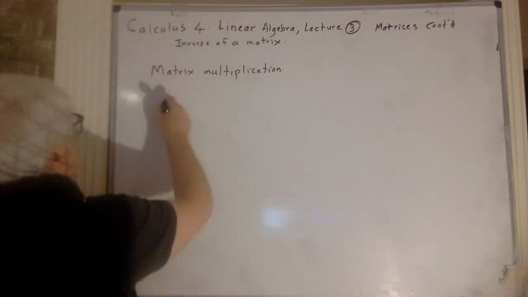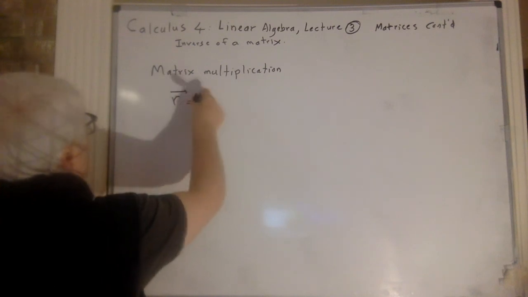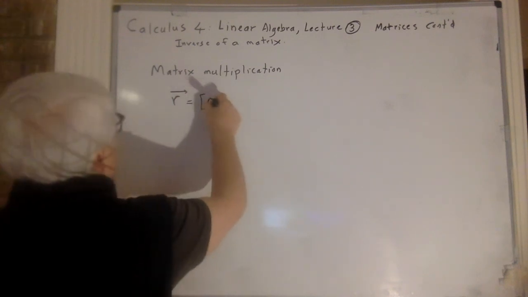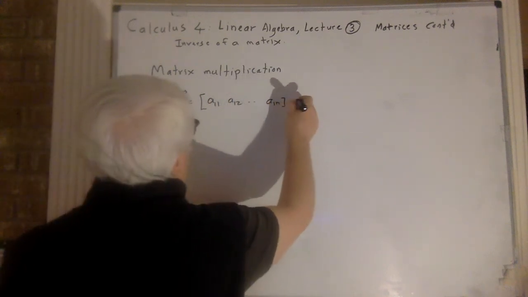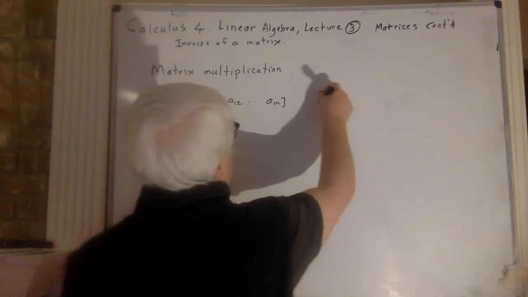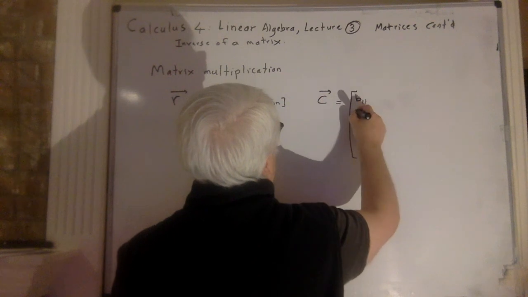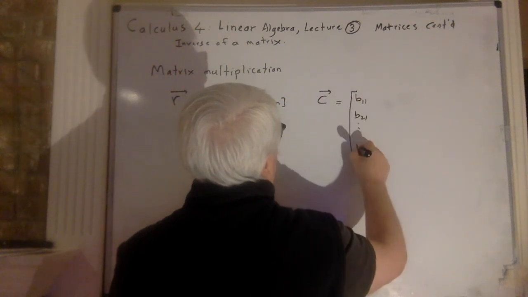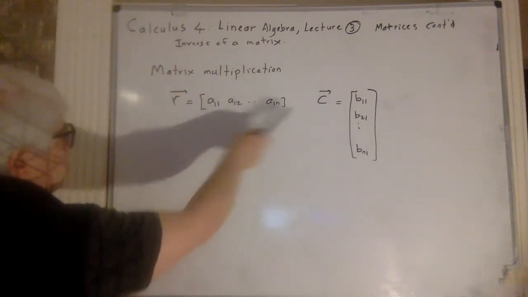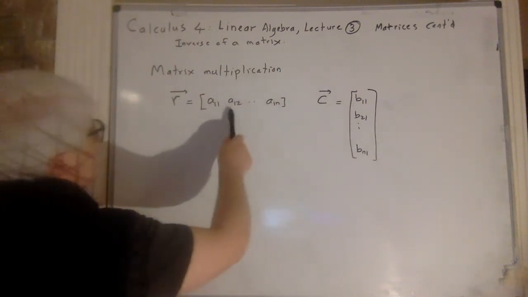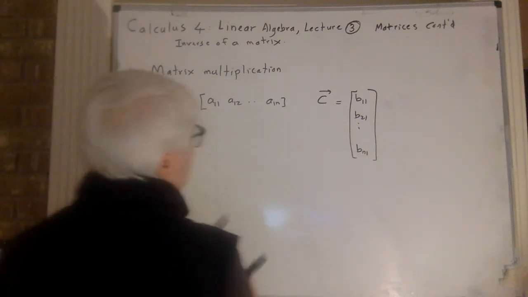First, I said, let's have a row vector R, A11, A12, up to A1n, and a column vector C, B11, B21, up to Bn1. So they have the same number of entries. Now the first one times the first one, the second one times the second one, up to the nth one times the nth one, and then add it together.